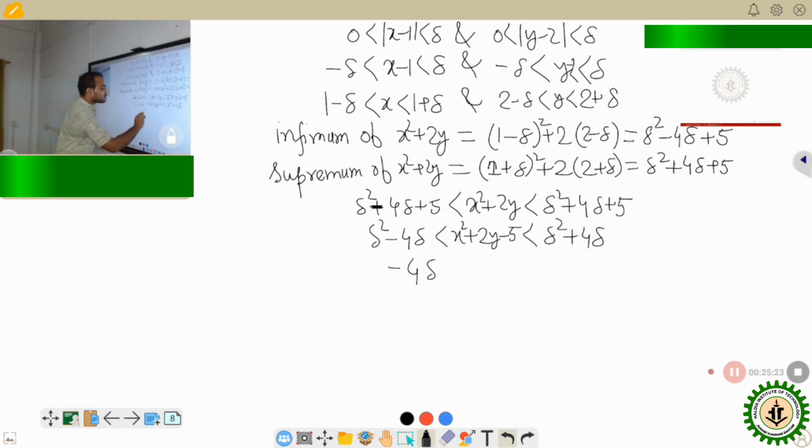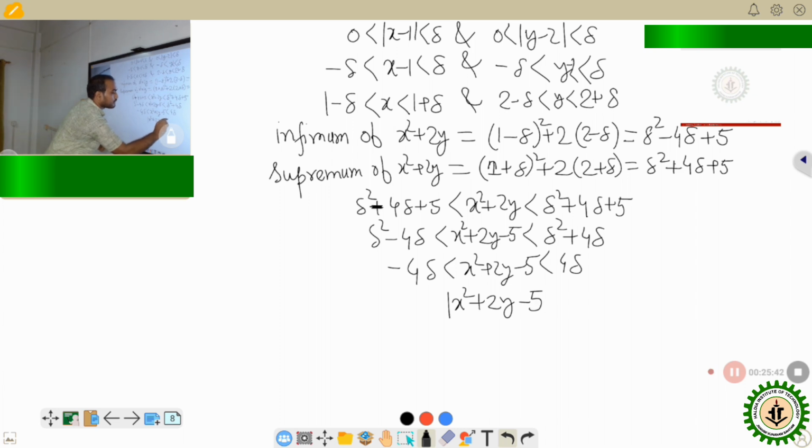It is minus 4 delta less than x square plus 2y minus 5, less than 4 delta. So you can rewrite this in the notion of mod: mod of x square plus 2y minus 5 is less than 4 delta.